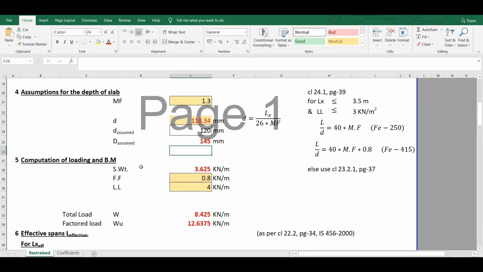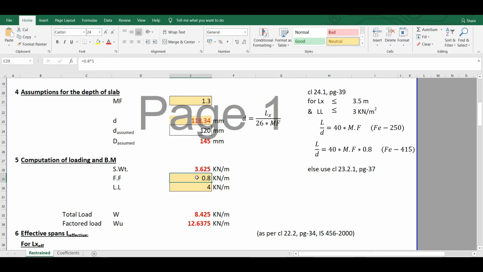Next is the load calculation. The self weight of the slab is the overall depth of the slab, that is 145, multiplied by 25, which is the unit weight of concrete, and divided by 1000 because the overall depth is in mm. So we get the self weight as 3.625 kN per meter.